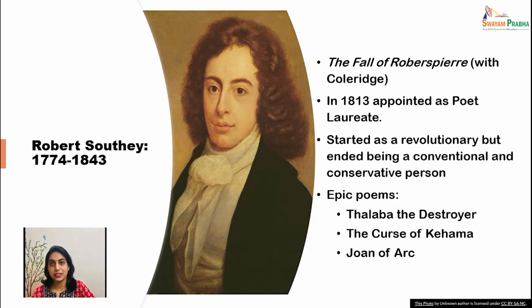In 1813, he was appointed as Poet Laureate of England. Like the other two, he also started as a revolutionary, but he ended up being a conventional and conservative person. He is famous for writing epic poems, and among these, Thalaba the Destroyer, The Curse of Kehama, and Joan of Arc are the most famous.